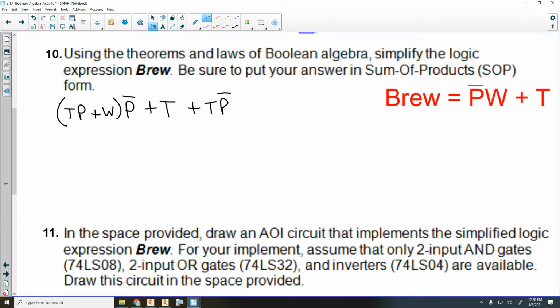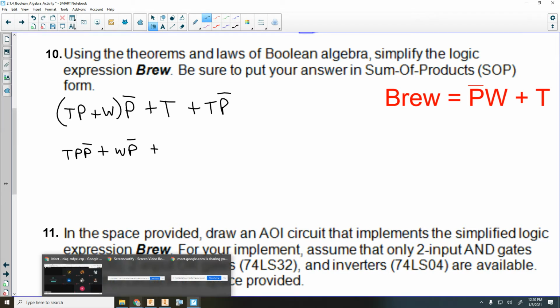On that first term, it looks like I probably could just distribute that. So if I distribute, I would have T, P, P naught, or W, P naught. On this second thing here, this really isn't that hard to simplify even. What can I do with both of those terms? What do I have in both of them?